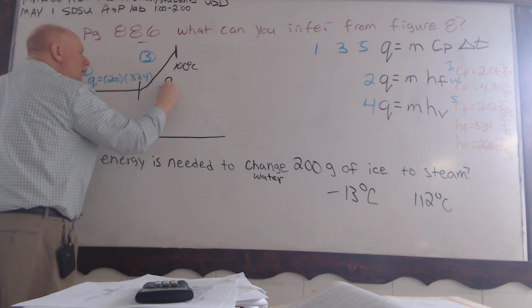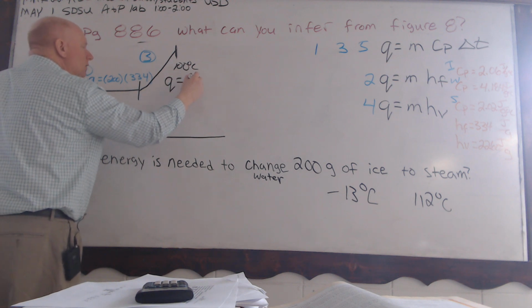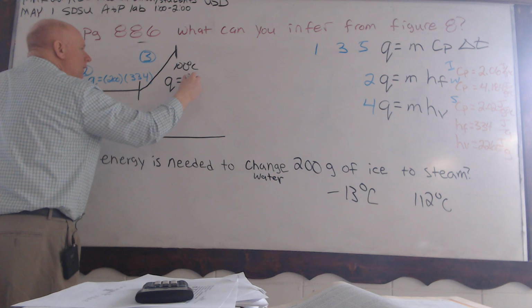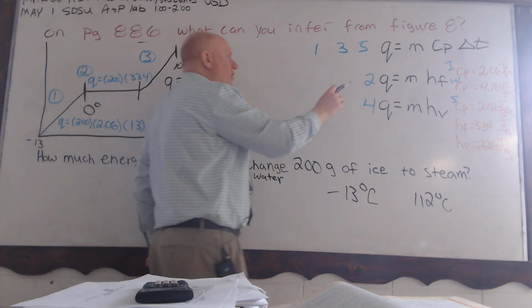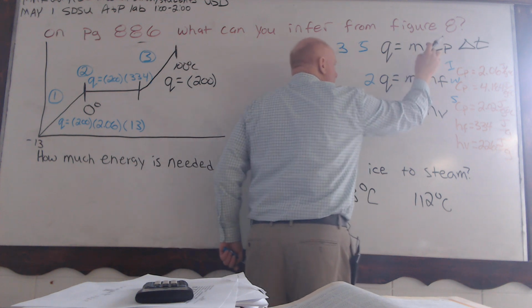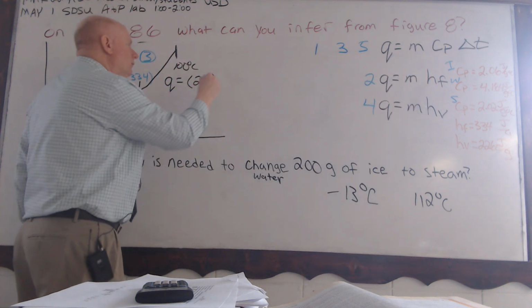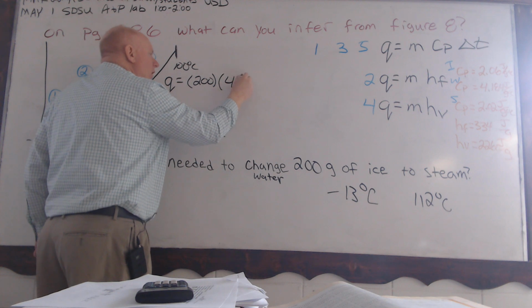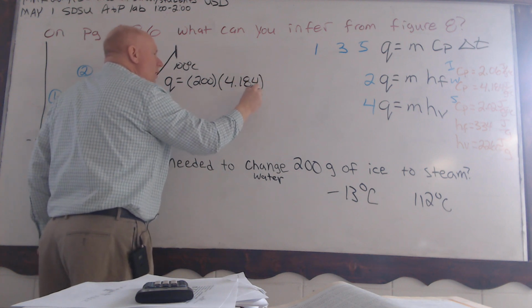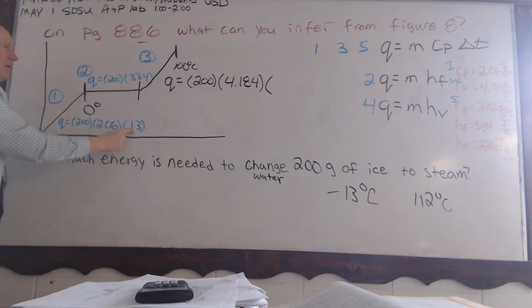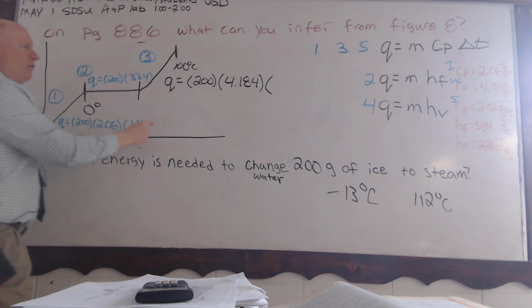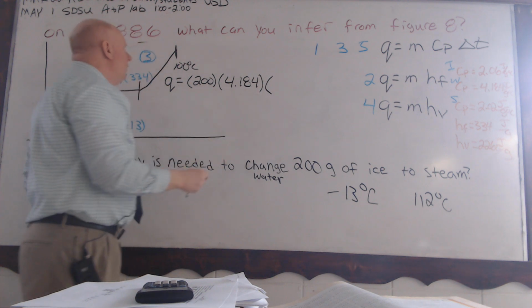Q, what's our mass? 200. Okay? Now, what is our specific heat for water? Okay? 4.184.